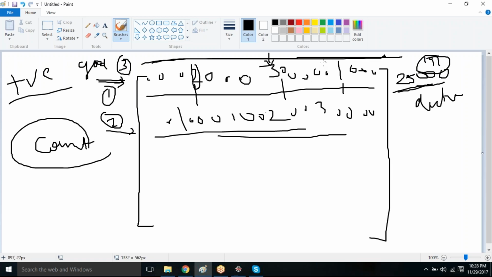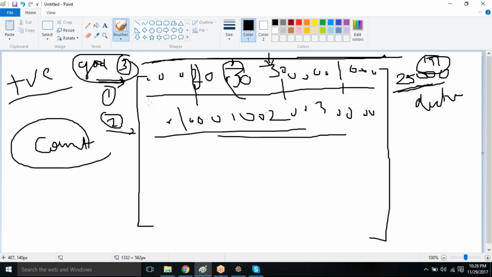So I will go to the 191st position here, and there I will keep 3. Why? Because that particular word has come up 3 times in the same file. So that is the count which is put there. It is the count of the word in that particular file only, how many times it has occurred in that file.